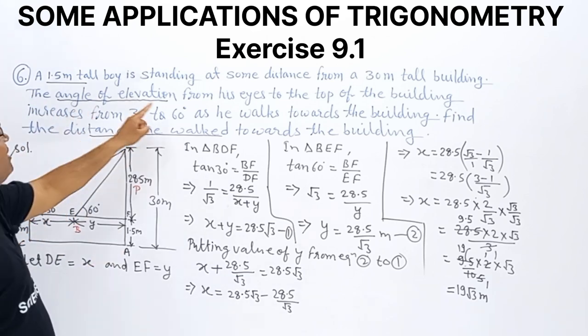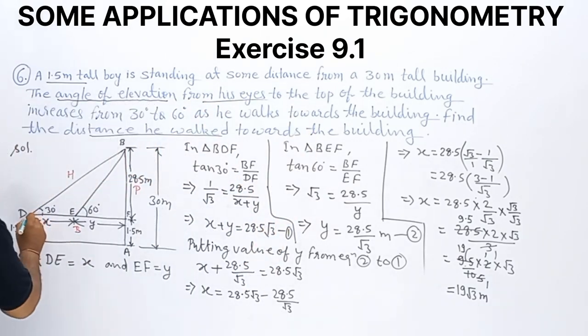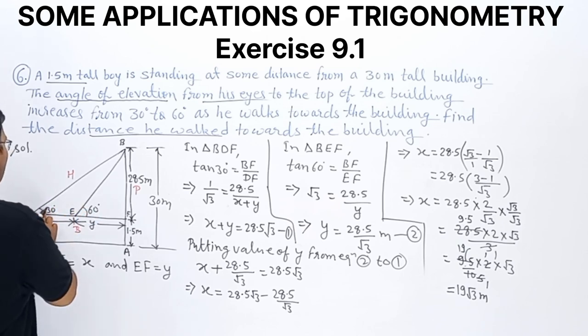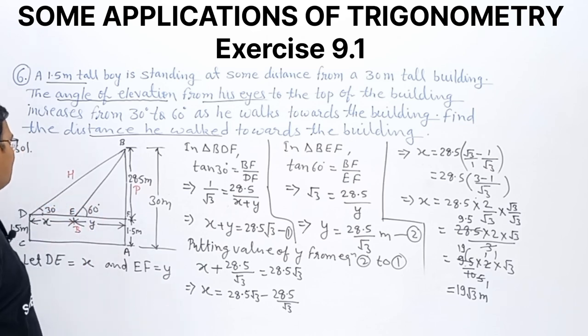So the angle of elevation from his eyes is 30 degree at that point, and after some time he travels towards the building and reaches a point where the angle of elevation from his eyes is 60 degree, increased from 30 degree to 60 degree. Clear?